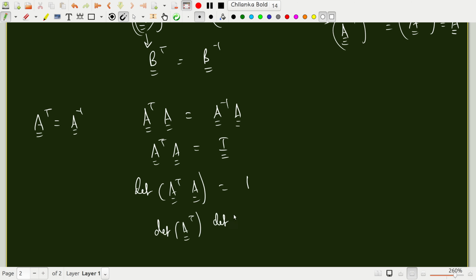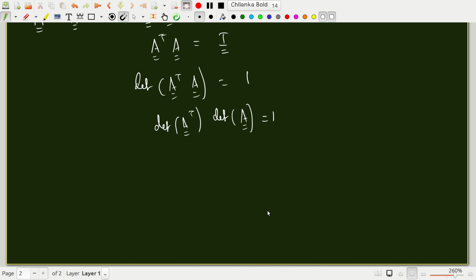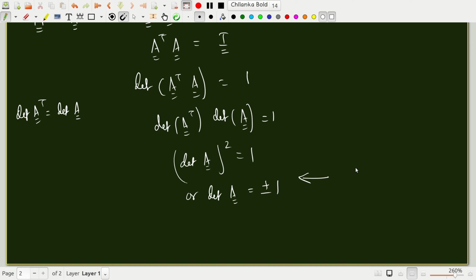So this is determinant of A transpose times determinant of A equals 1. But determinant of A transpose is the same as determinant of A for any matrix. So determinant of A whole squared is 1, or determinant of A is plus or minus 1. So for orthogonal matrices, the determinant is either plus or minus 1.